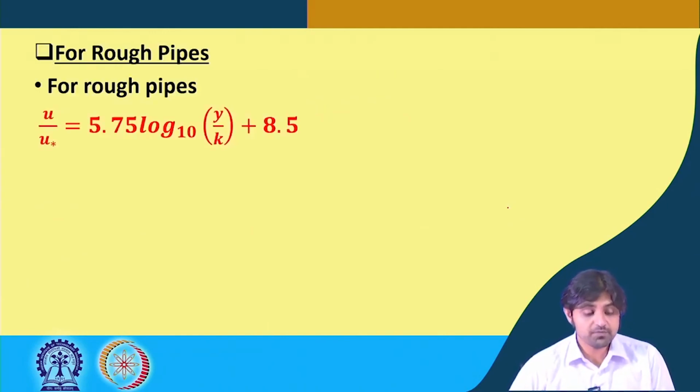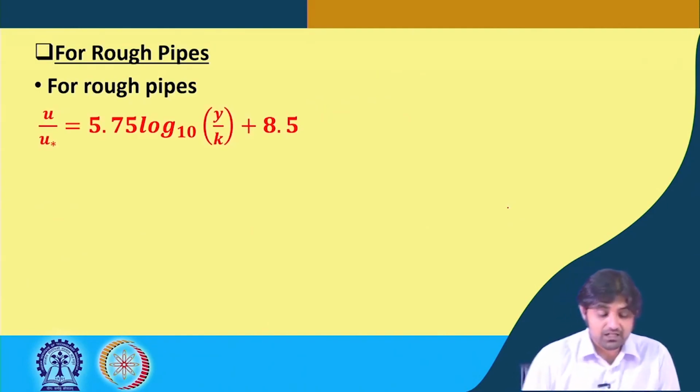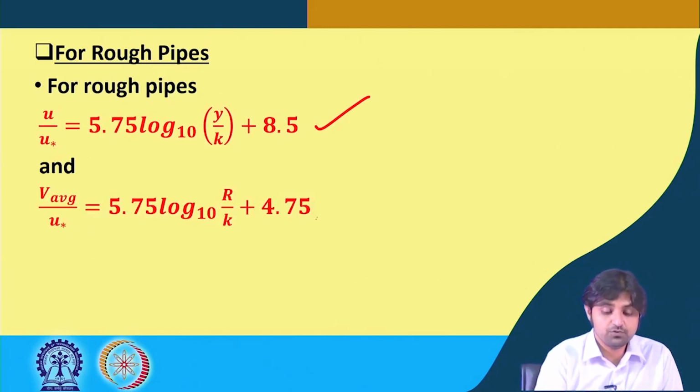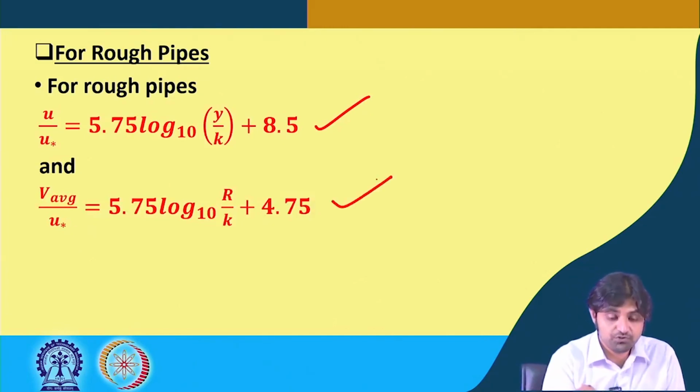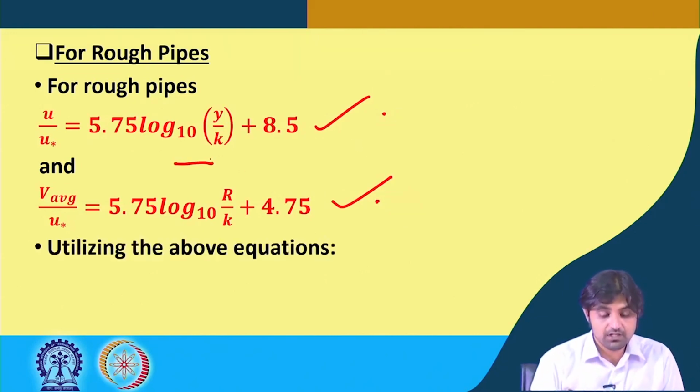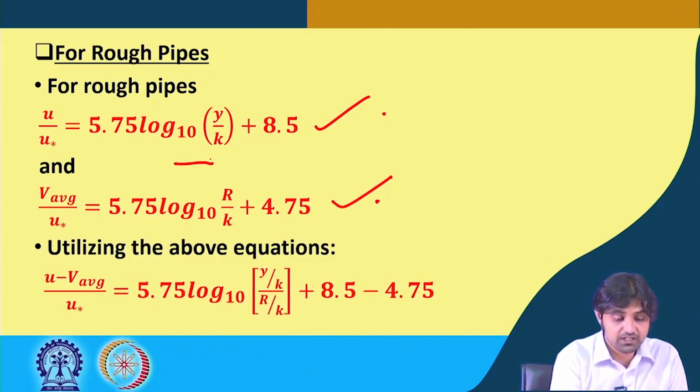Now, for rough pipes, we have an equation and we also obtained V average by u star. We do the same procedure, we subtract this equation from this equation, okay. Utilizing the above equation we get u minus V average by u star.